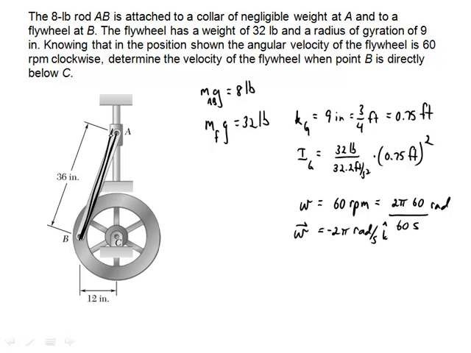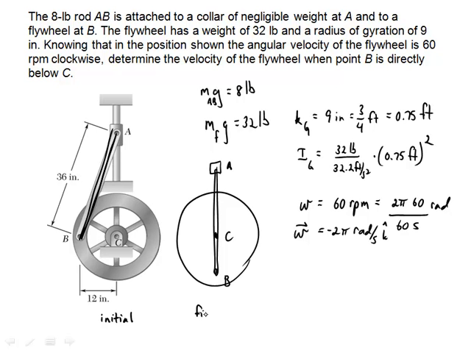AB is off at an angle here, and what we're interested in is what's the velocity of the flywheel when B is directly below C. And so in that scenario, the slider at A will have come down, and the bar will be straight up and down, so B will be down here, and the flywheel is centered, something like that. So this is the initial position here, and this is the final position over here.